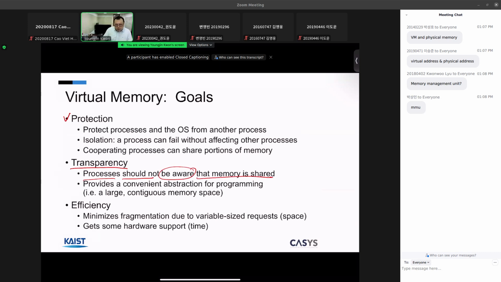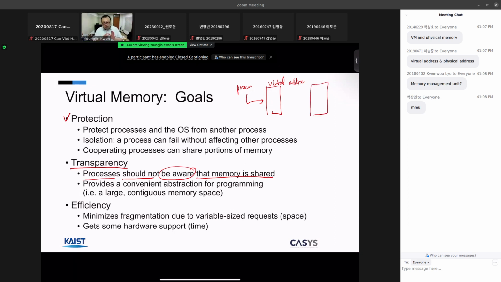A process uses the virtual address space, creating virtual address space and deleting virtual address space, and under the hood, the operating system can map this virtual address space to physical address space, and how this mapping happens is completely hidden.